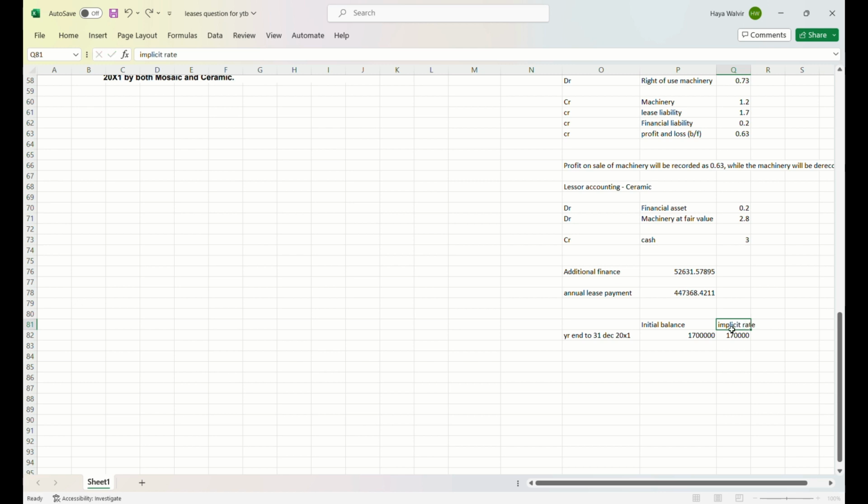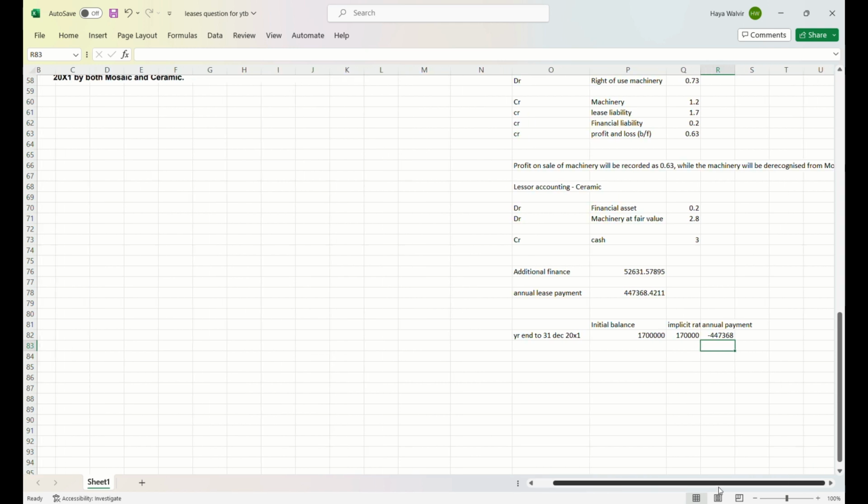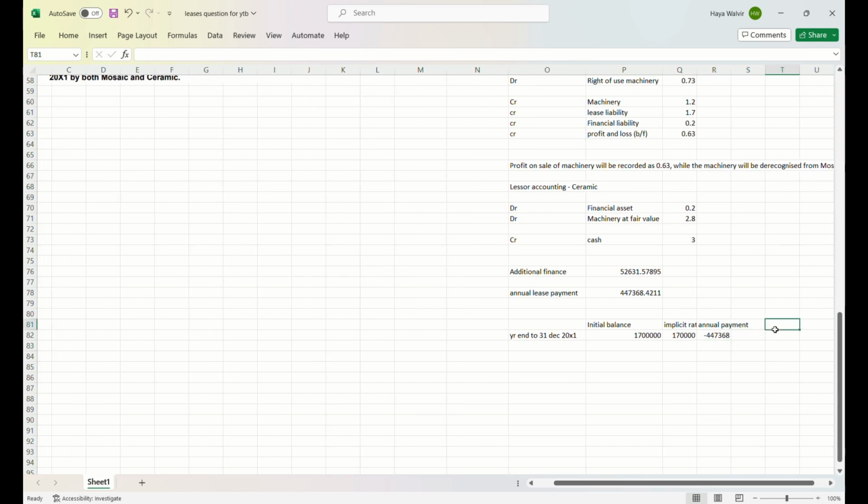Implicit rate, and then the annual payment. As I said, the annual payment we have found out after netting off the additional borrowing. And finally, the year-end balance will be equal to the sum of all of this. And then I'm carrying it forward.